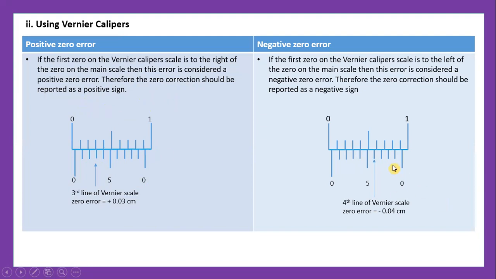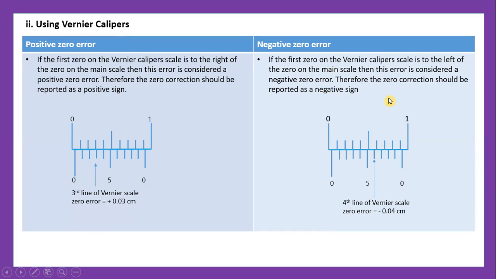Meanwhile, if you look at the negative zero error, the clue is if the first zero on the vernier caliper scale is to the left of the zero on the main scale, then this error is considered a negative zero error.